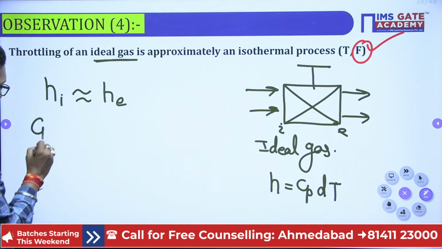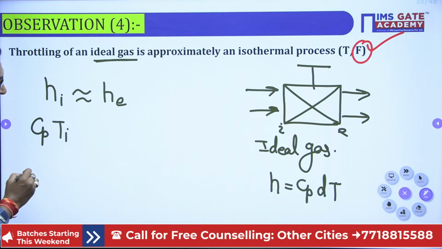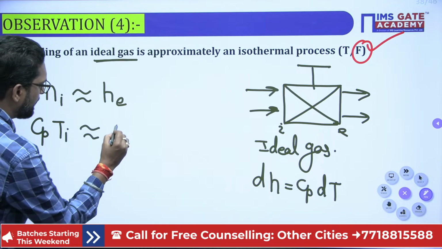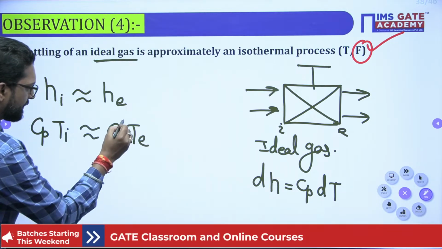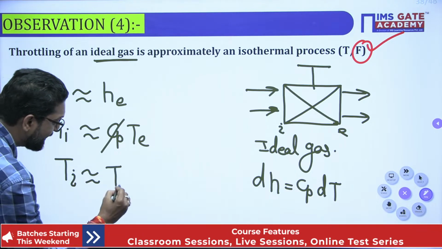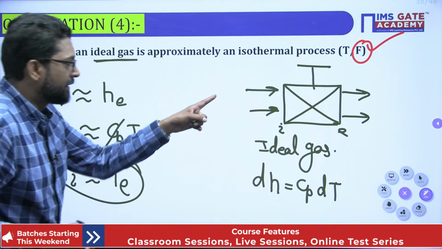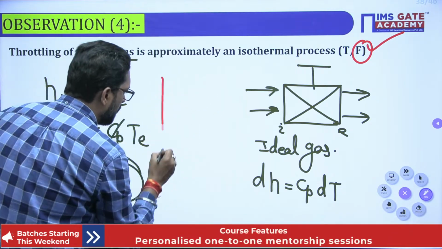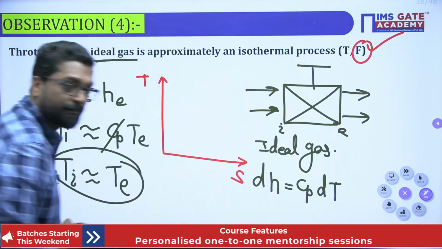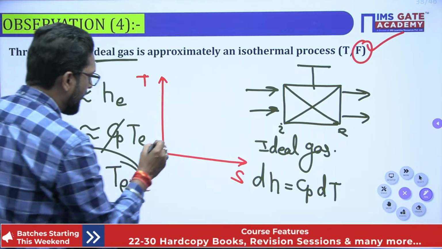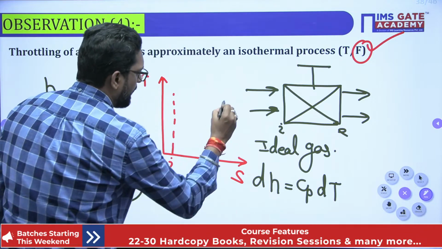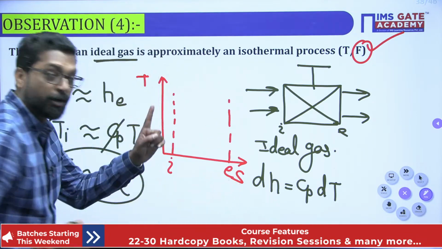That means Cp Ti, this is delta H, approximately Cp Te, Cp cancels, that means Ti is approximately Te. That means if you draw this T-S diagram, temperature and entropy diagram, let's suppose this is inlet, and this is exit, very important, of an ideal gas.